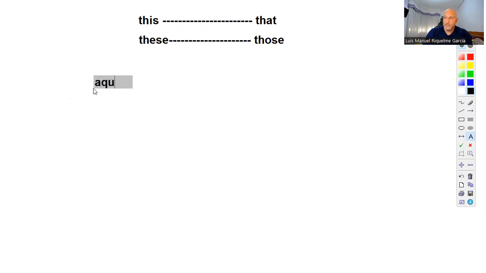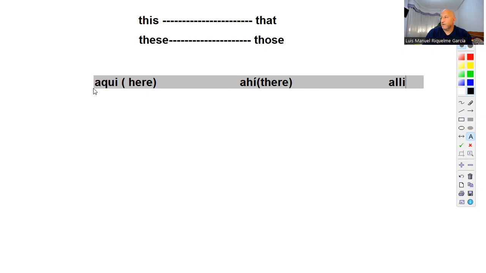I'm going to use the word aquí, here, and that means close. I'm going to use the word ahí, there, middle, and I'm going to use the word allí, over there, and that is going to be far away.